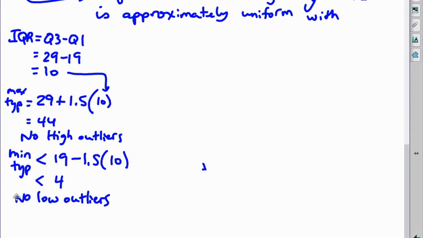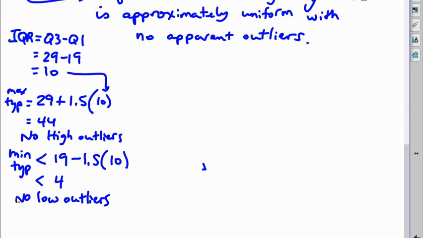So continuing what I'm writing with no apparent outliers. See, I had to check it though. So, okay, I've done my shape, I've done my outliers. Now let's do the center.